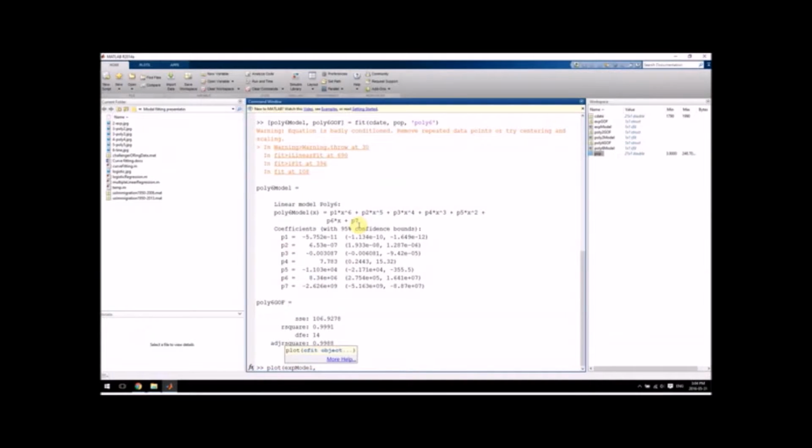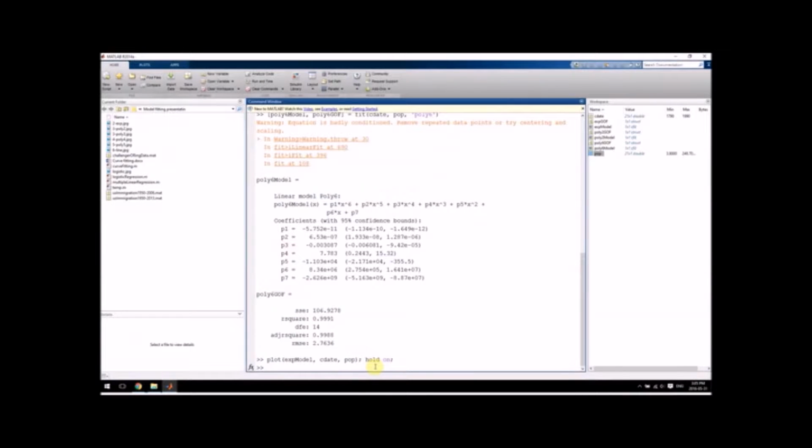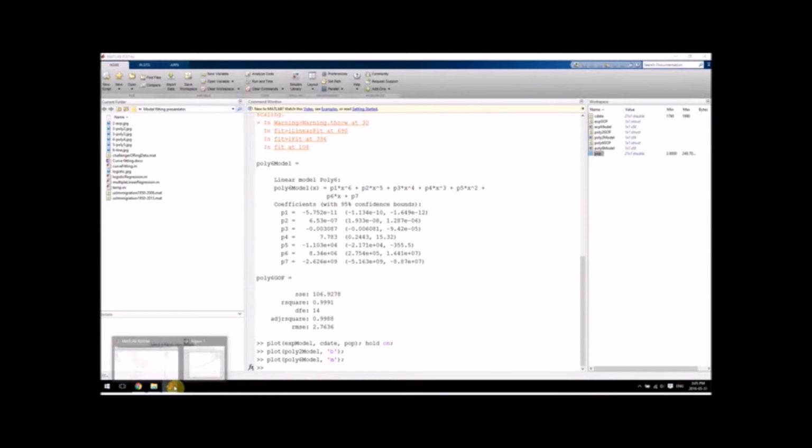So we'll plot the exponential model first. Turn the hold on so we can see all three models on the same plot. Plot the second order polynomial model. We'll make that one blue. And plot the sixth order polynomial model. Let's make that one magenta. Okay.